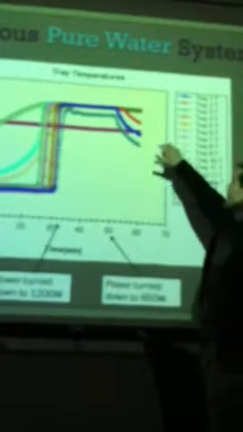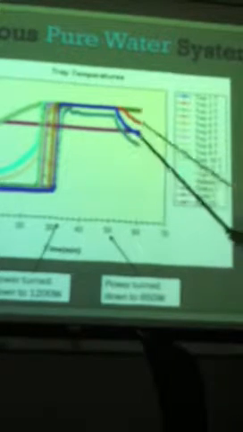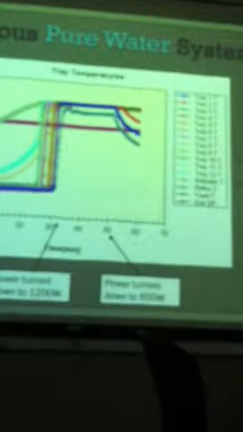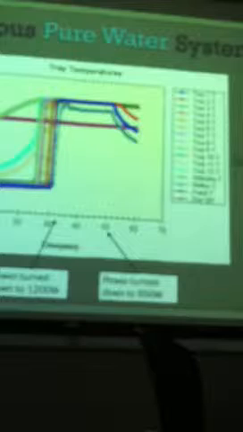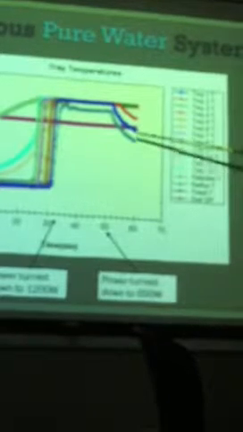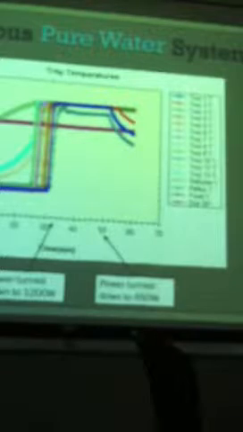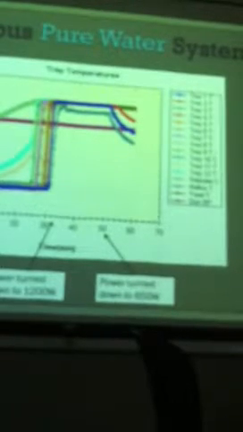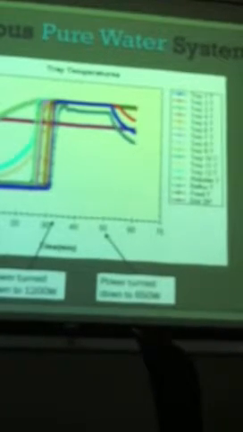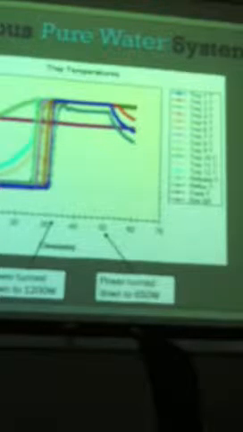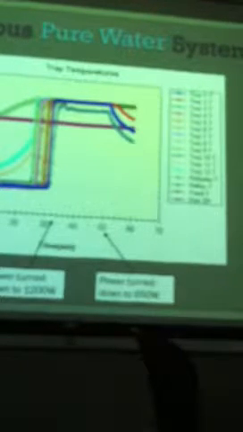If this was to continue out, you would see these all drop with the same slope, all right above each other in unison. You'll see tray 1 drop, then tray 2, then tray 3, from the top to the bottom of the column.